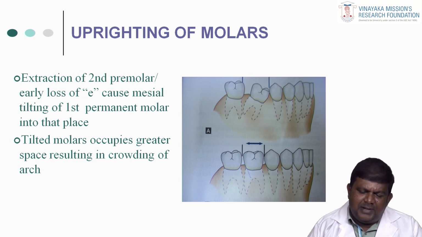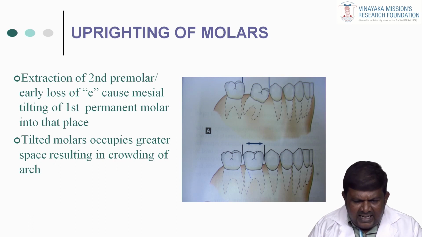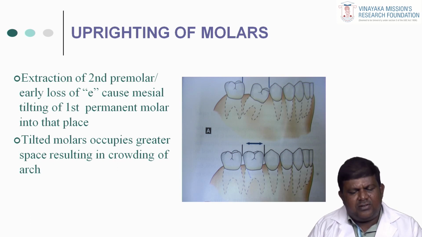A tilted molar occupies more space, so it should be uprighted. That is why we use uprighting springs to upright the molars. Whatever space is gained can be retracted to close the space.